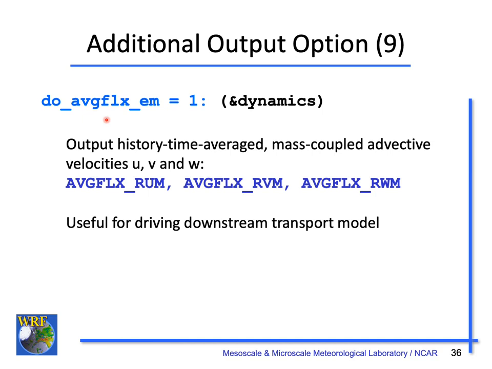This option computes the time-averaged, mass-coupled advective velocities of U, V, and W, and outputs them according to the history output frequency, and the data goes to the standard history file.